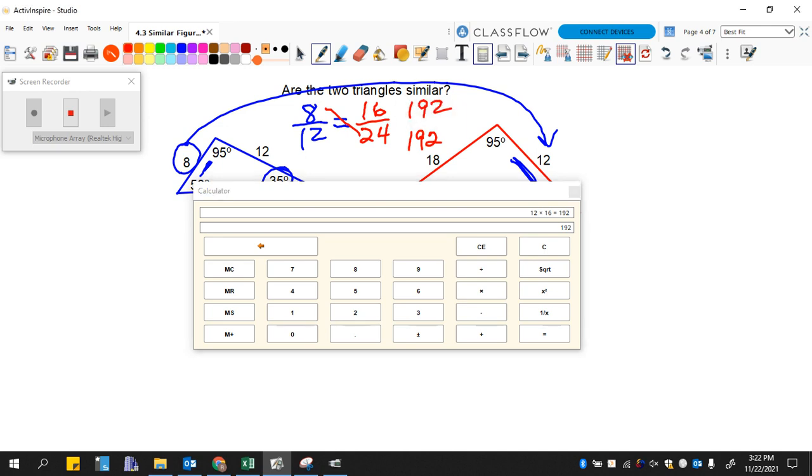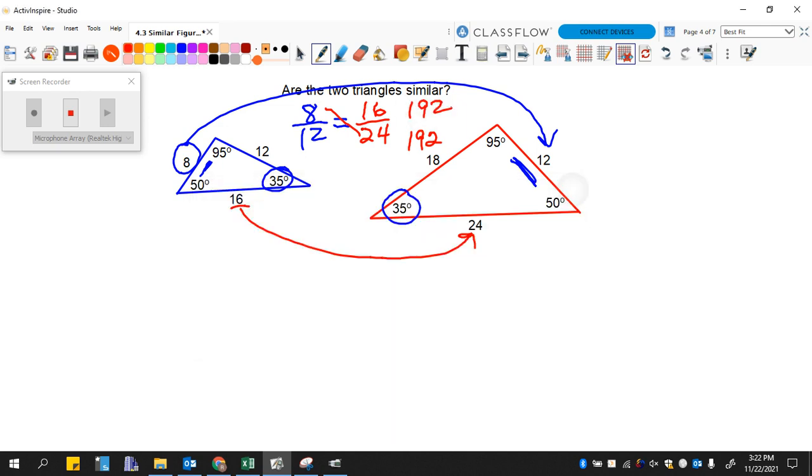So yes, these two triangles are similar, even though they are turned, oriented different ways. You just have to be careful when you do that, to make sure that you pair up your corresponding sides, right?